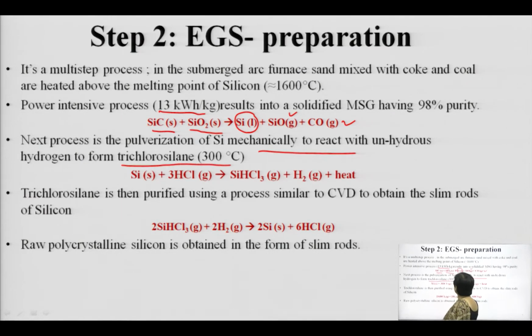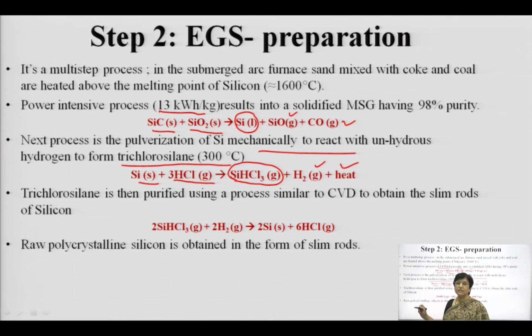Trichlorosilane is formed, which is the most recommended and stable material widely used for preparing silicon wafers. Now, what is the reaction happening? This silicon, which is metal grade silicon, reacts with anhydrous hydrogen chloride and gives us trichlorosilane, and there are byproducts which are released in the form of gases.